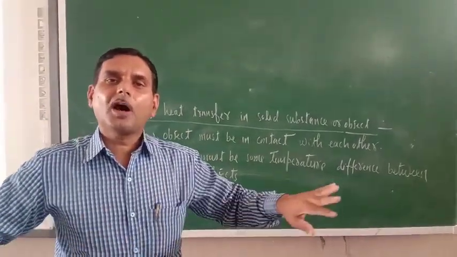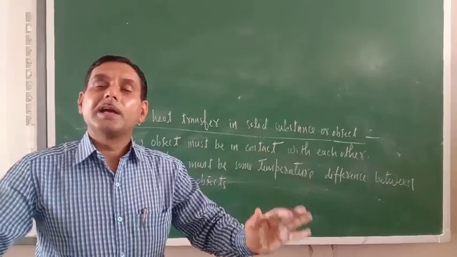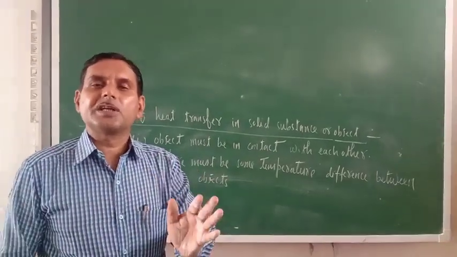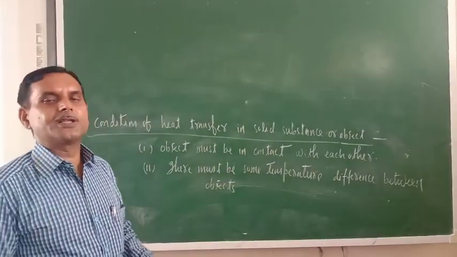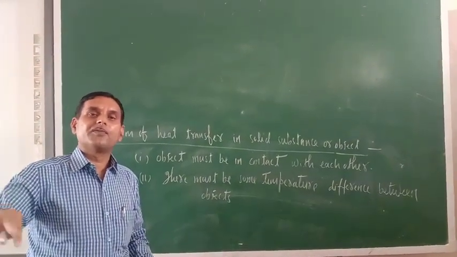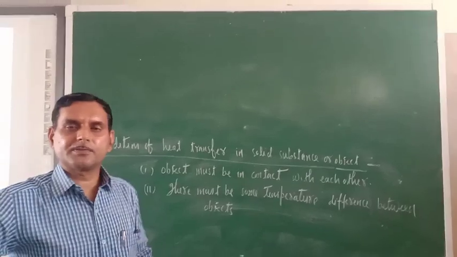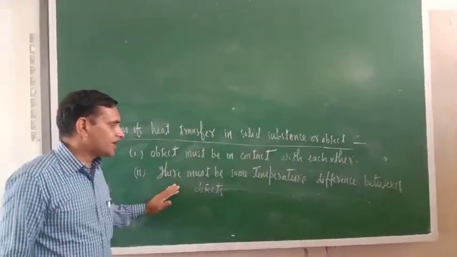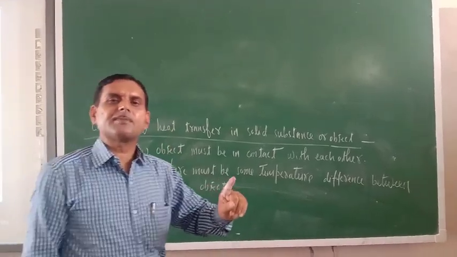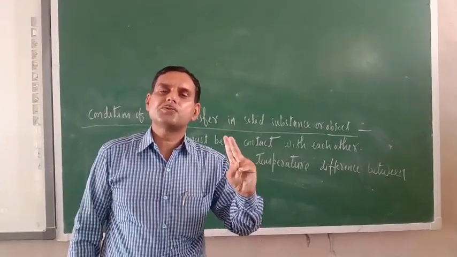If they are far away from each other, or not in contact with each other, then heat will not be transferred. So the first condition is that the objects between which heat is to be transferred must be in contact with each other. The second condition is that there must be some temperature difference between these two objects.